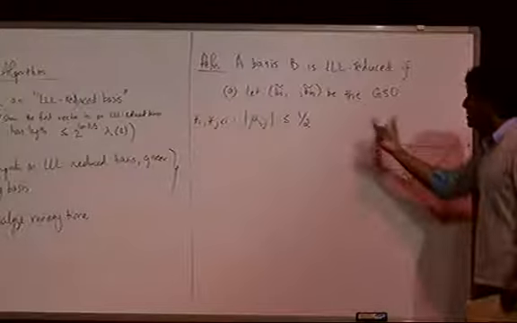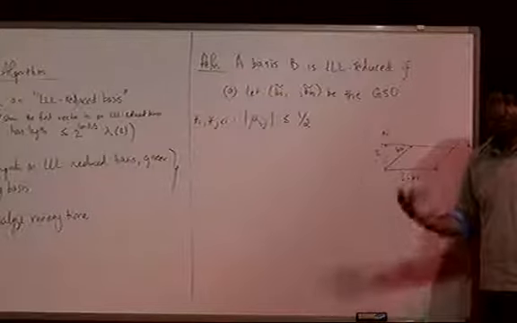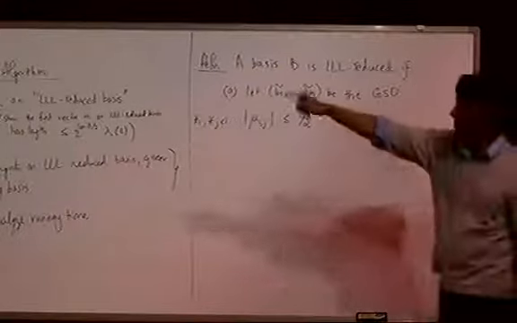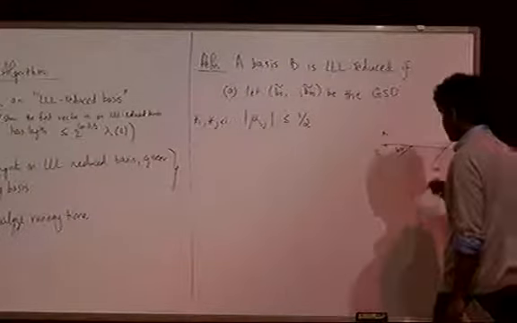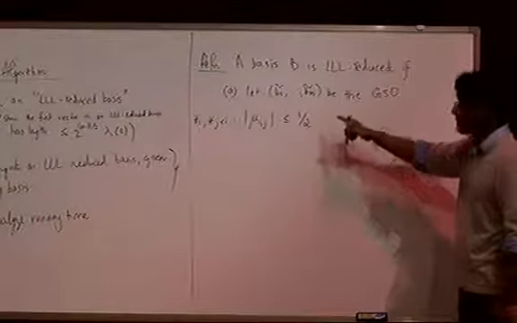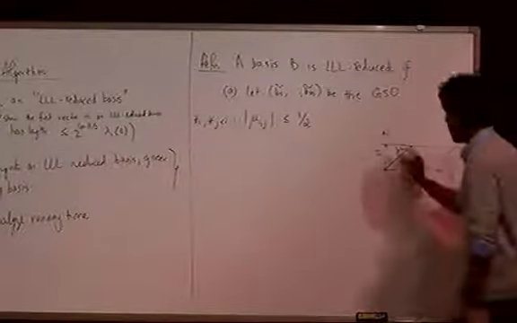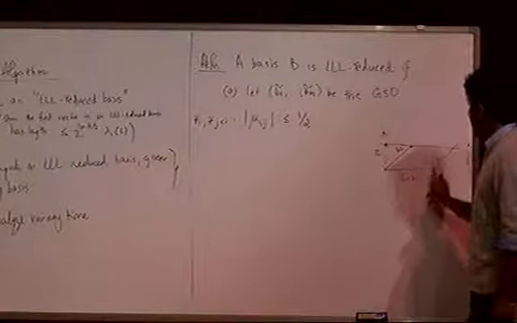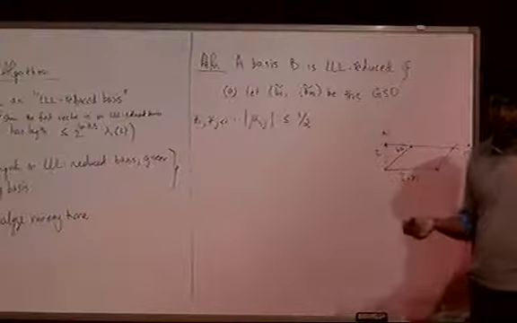What this condition says is that mu 2,1 is at most a half. In other words, to get from here to here, I subtracted at most a half of B1.